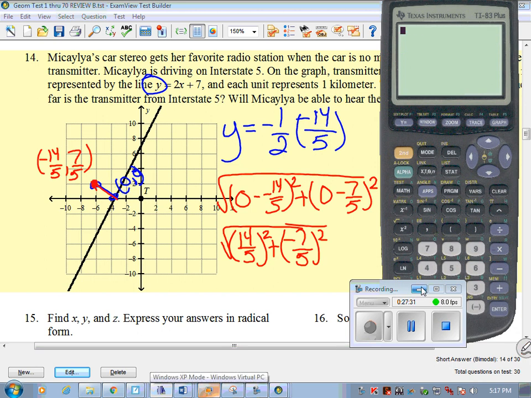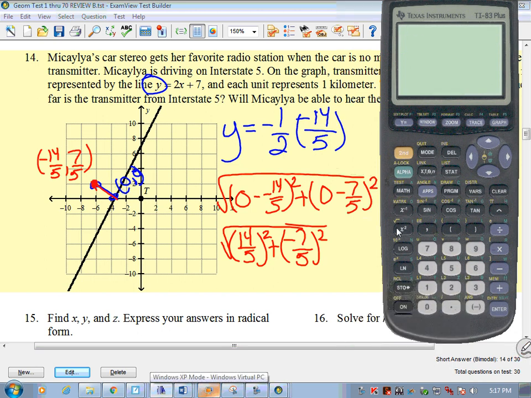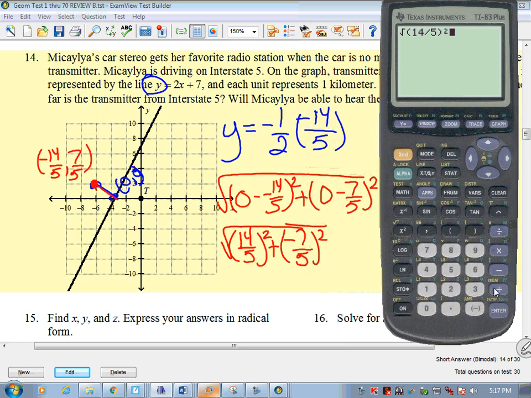Now, this tells you how tricky this question can be. Sometimes calculators can be a little tricky too. 14 divided by 5 squared plus negative 7 divided by 5 squared. And we're just not going to do a second set of parentheses. I still get 4.76. And whenever I did it in my own calculator, I got 3.13, which is what we should get. I don't know why it's not coming out to that.